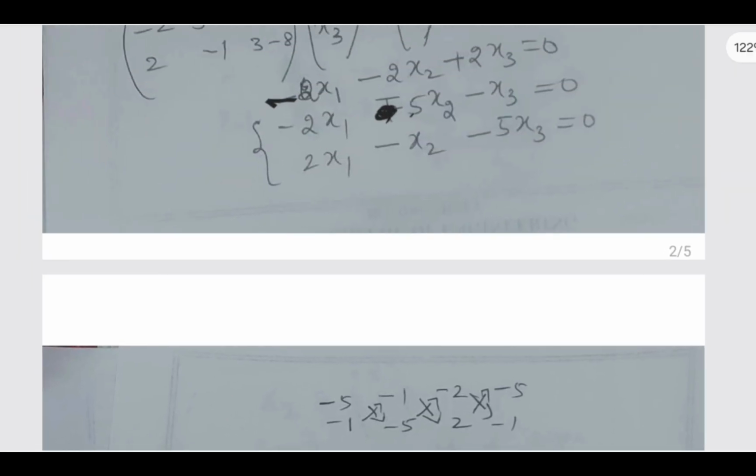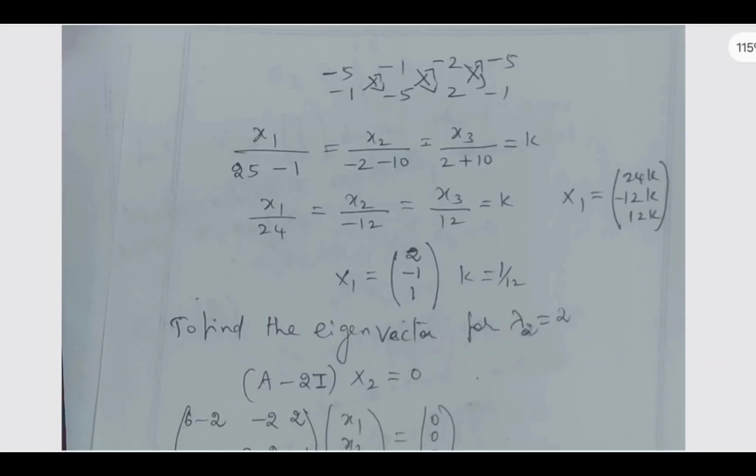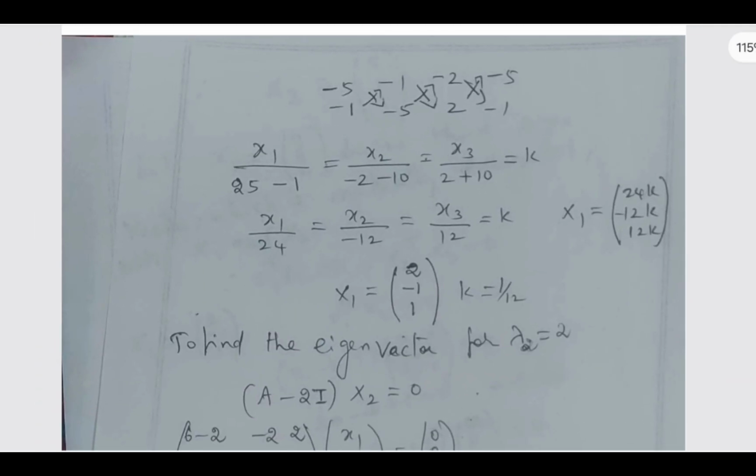I have written the coefficients. To find x1, I started with the x2 coefficient: minus 5, minus 1, minus 1, minus 5, and minus 2, 2, where you started you end with it. Now you cross multiply it. So x1 divided by 5 into 5 is 25, and minus 1 into minus 1 is plus 1, so you get 24; x2 divided by minus 2 minus 10, which is minus 12; and x3 divided by 2 minus of minus, plus 10, which is 12, equal to k.